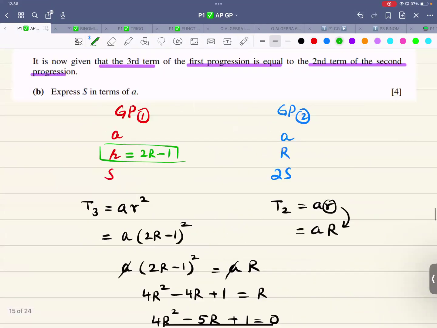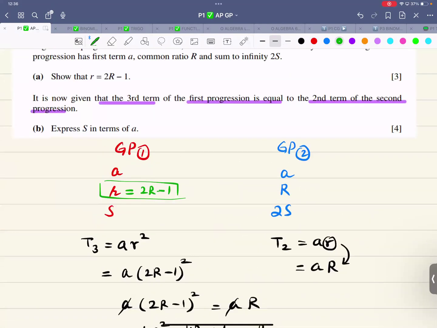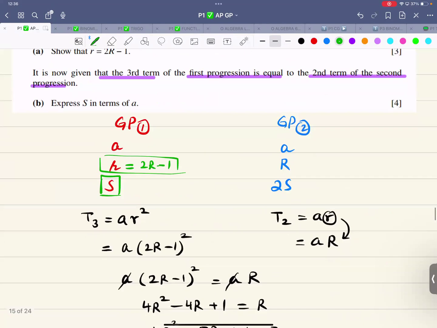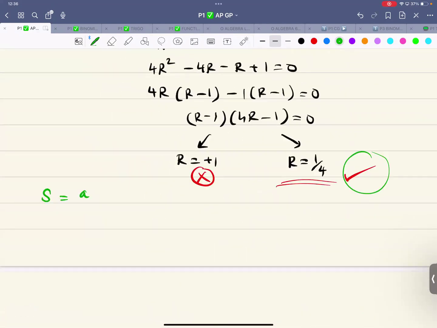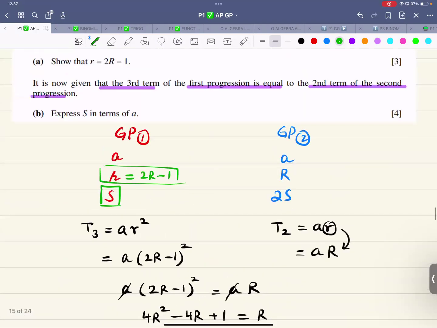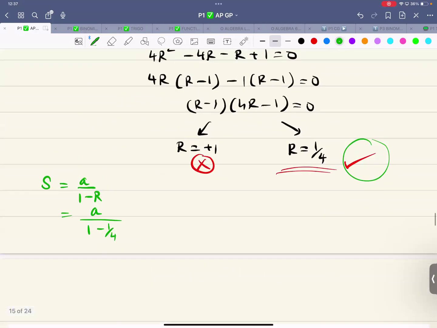Now, what needs to be done? If I have R as 1/4, I need S. S is A over 1 minus r.